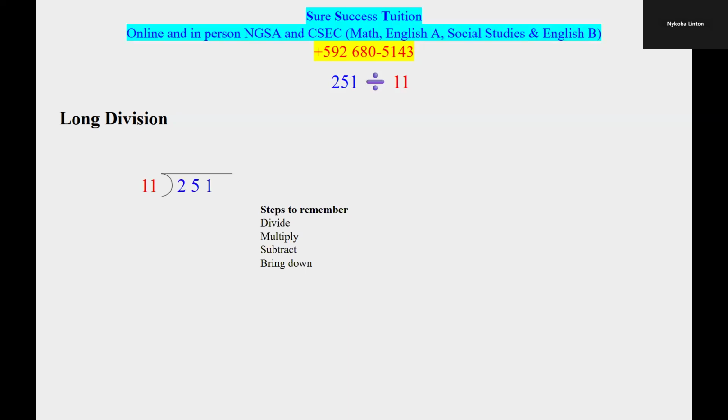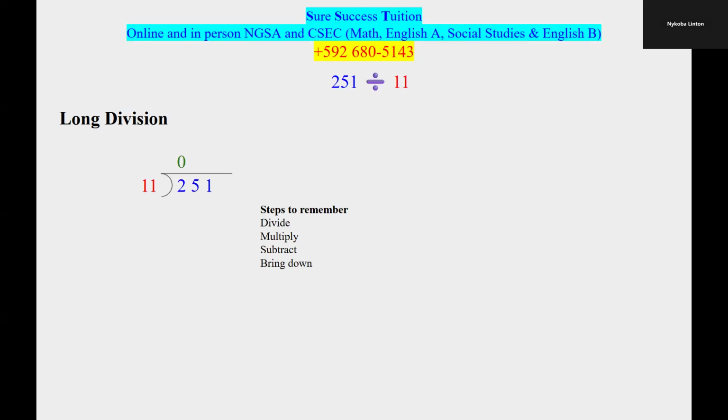So we will notice that if we have a 2-digit divisor, it would make absolutely no sense trying to divide it with the first digit only, right? We know it would be 0. So if you want, you could put the 0 on top. I personally do not put it, but for the purposes of this video, I'll put it.